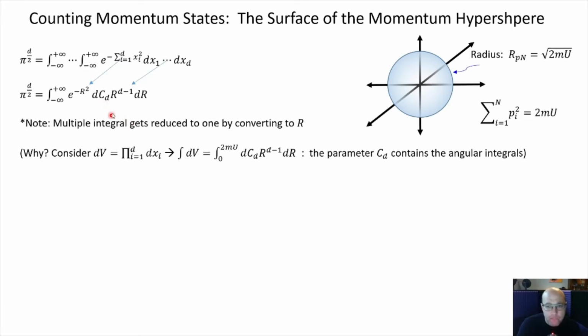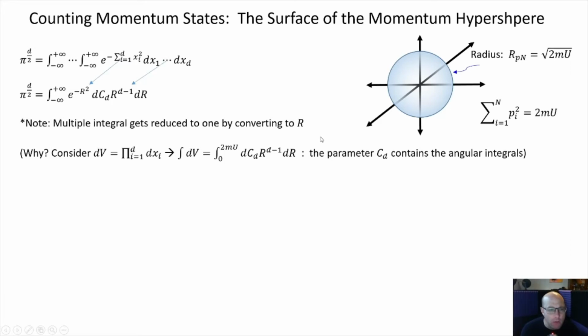All right? And so if you want a more formal manipulation, I did something here to show you how this integral over this product reduces to an integral over the radii.